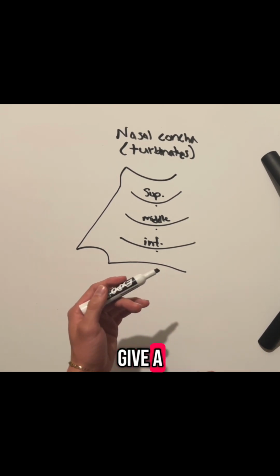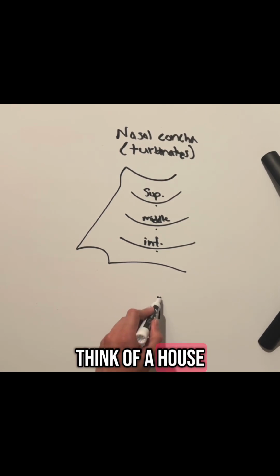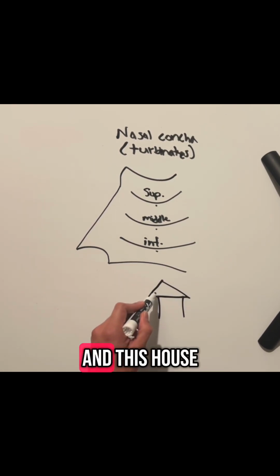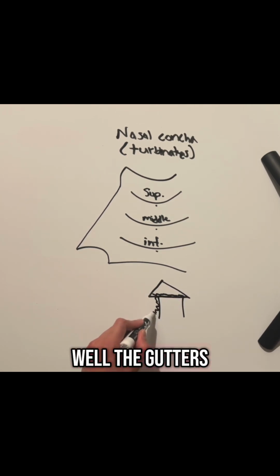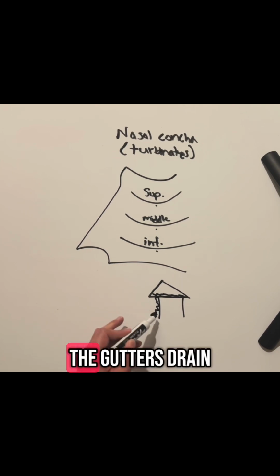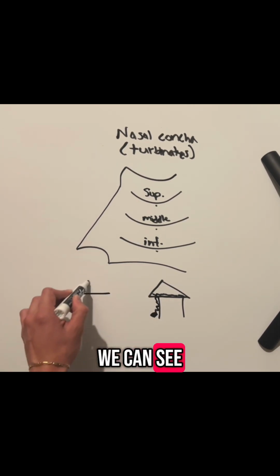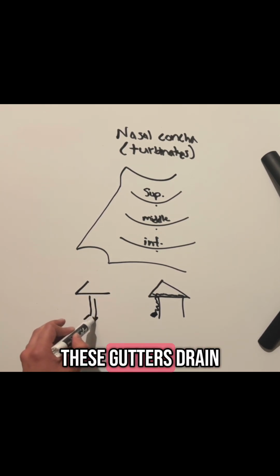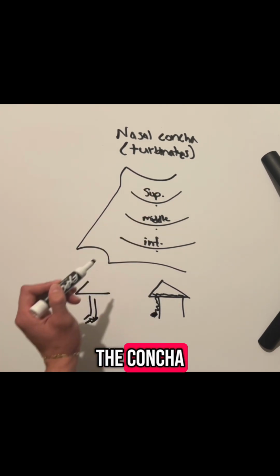To give an analogy, we can think of a house. This house has a roof, and this house also has gutters, and the gutters drain here. If we look at this a little bit closer, we can see that this roof sits over where these gutters drain. So the roof can be considered the concha.